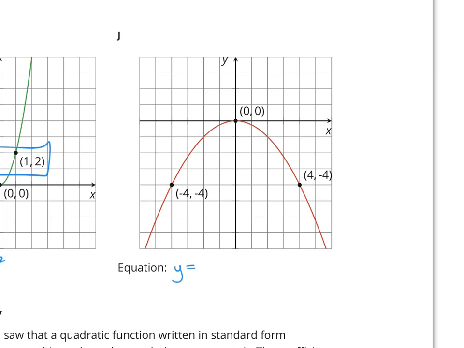So if my ordered pairs on here are negative 4, and 4, negative 4, that means that I have to be multiplying by a negative 0.25 times x squared. The reason why I know it's 0.25, if I were to square my x value, which is going to be equal to 16, I have to ask myself what times 16 is going to give me negative 4. And in this case, it's going to be negative 0.25.